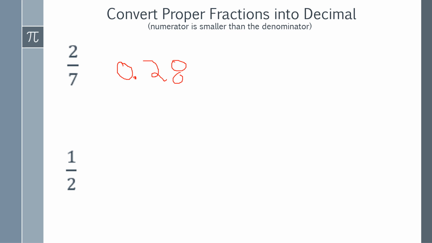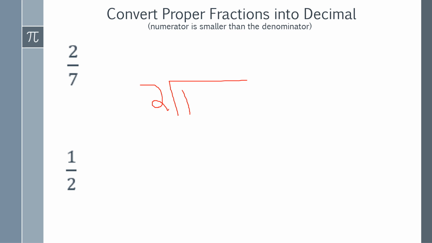All right, we're going to move on to the second proper fraction, which is 1 over 2. Again, regardless of which number is larger or smaller, you follow the same rule. The denominator goes on the outside, the numerator goes on the inside, and then you do your division. Can 2 go into 1? No, it can't.